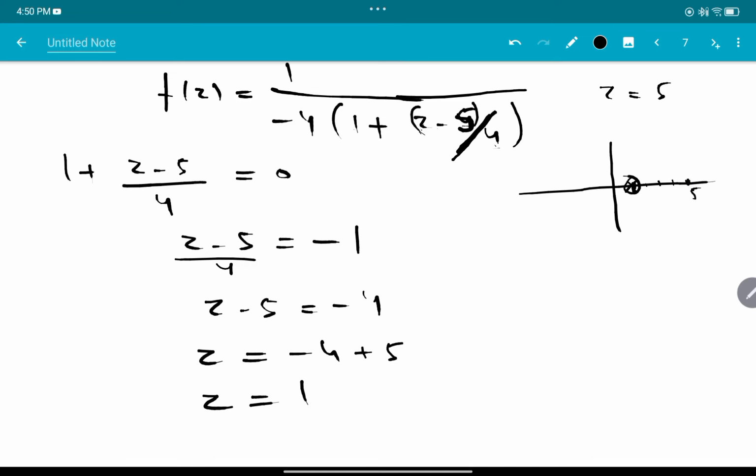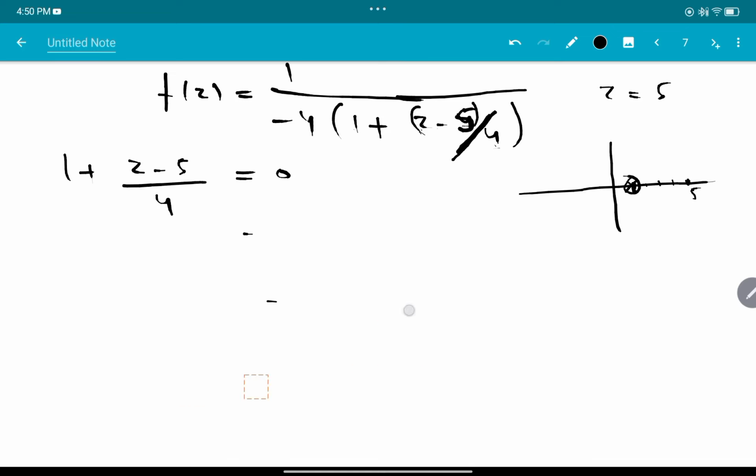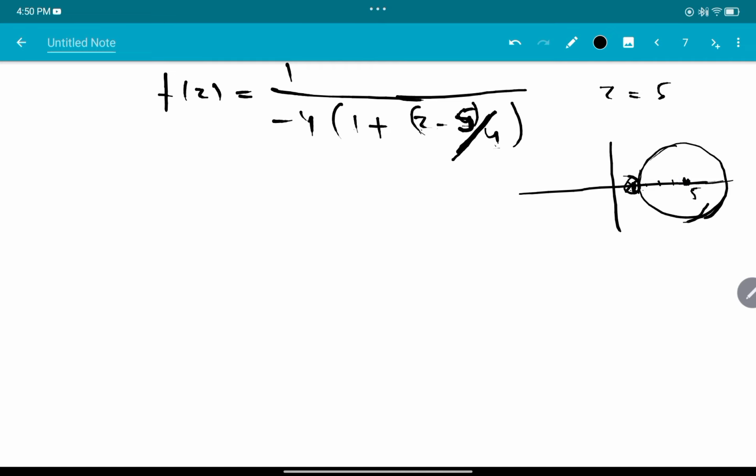Now, you have this situation. This is your radius of convergence, this circle of convergence. It should be slightly to this side, and inside this you can of course use the geometric series. Let's first bring it in the form of that geometric series.